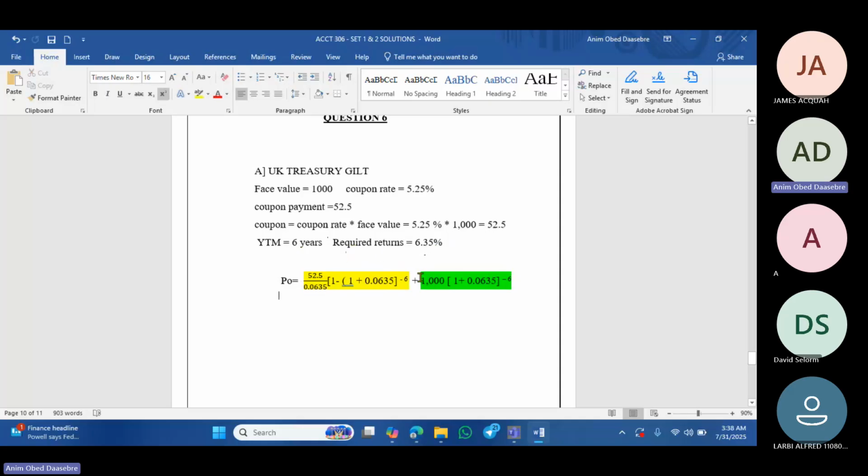You pay a one-time amount. So if that one-time amount is 1,000, to find the present value of it, since it is a single amount, you discount it using the single cash flow formula.